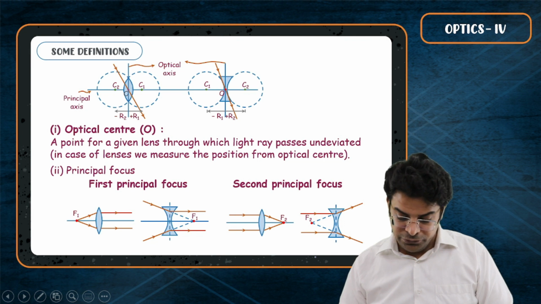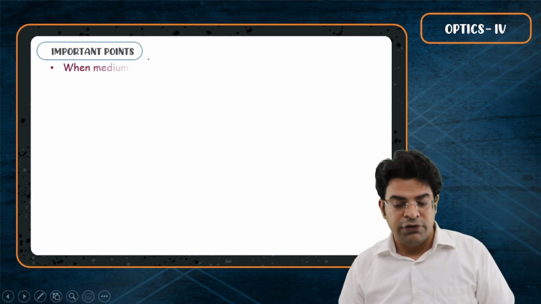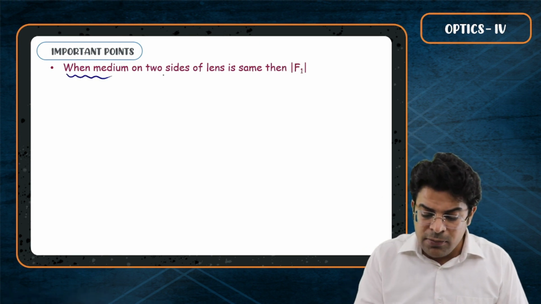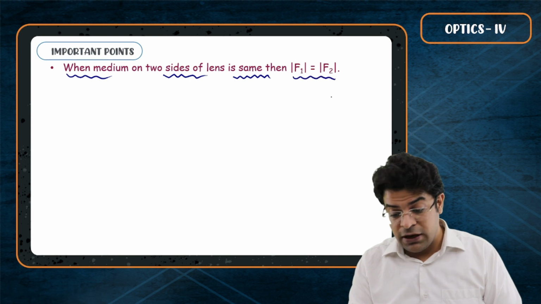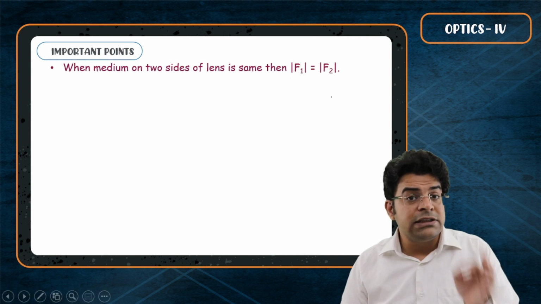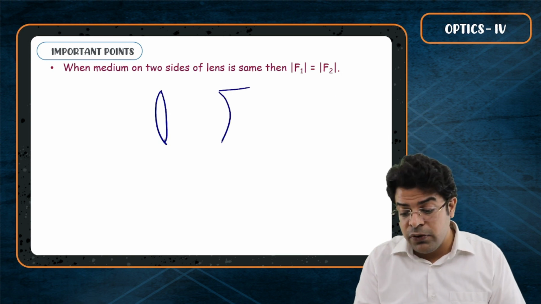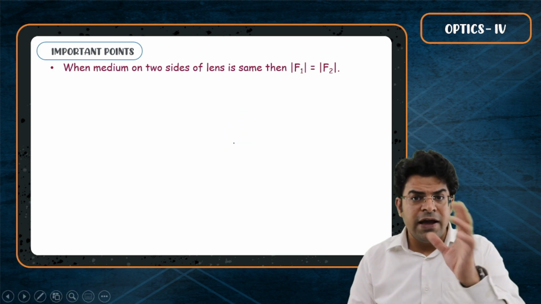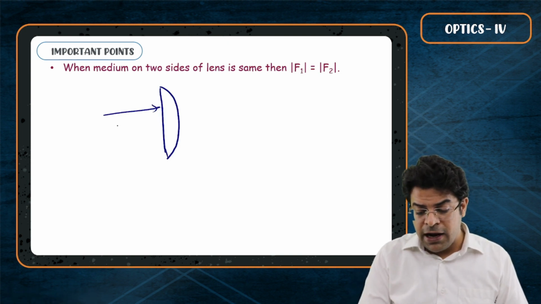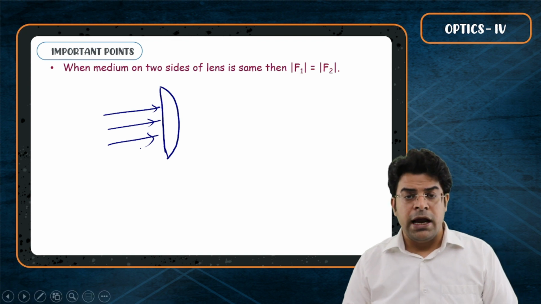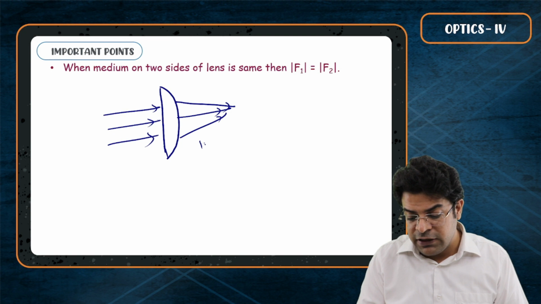Let's move on and now talk about important points. The first important point: when the medium on the two sides of the lens is the same, then F1 equals F2. This is important. And this is not true just for an equiconvex lens or an equiconcave lens. Even if you have a plano-convex lens, let's say you hit parallel beams from this side and you find that these rays converge at a distance of 10 centimeter.